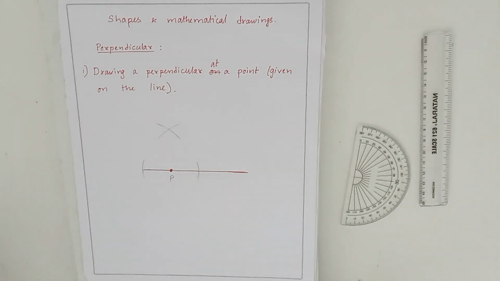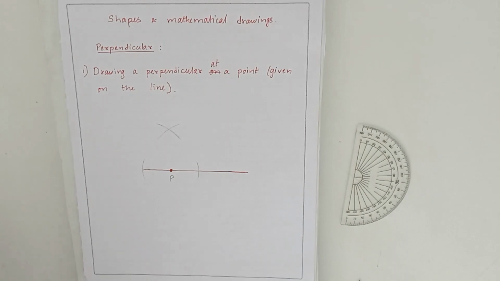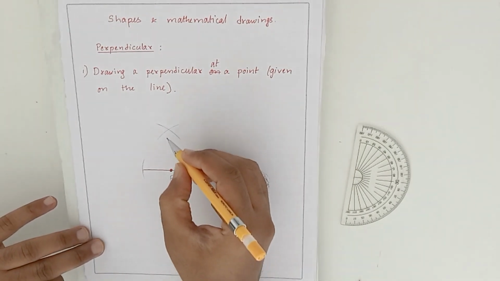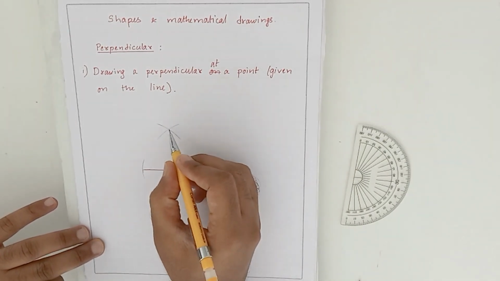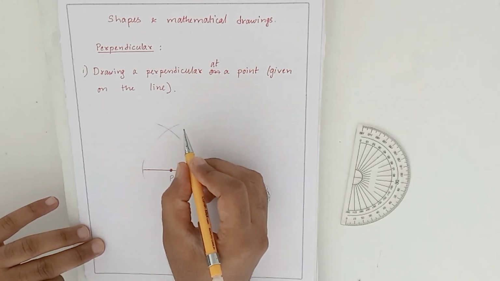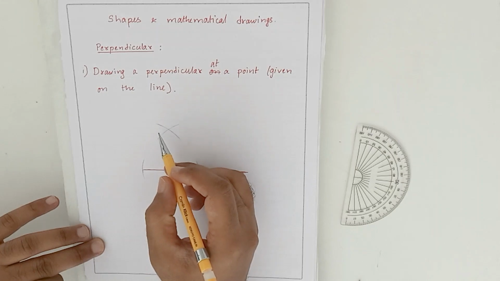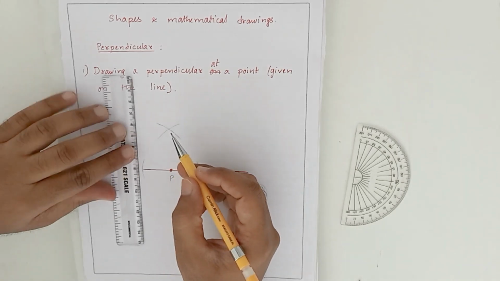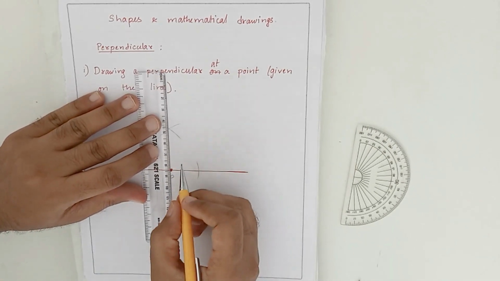Now what you do is you connect this point and this point. What is this point? The point of intersection of these two arcs. So I am connecting this point and this point.